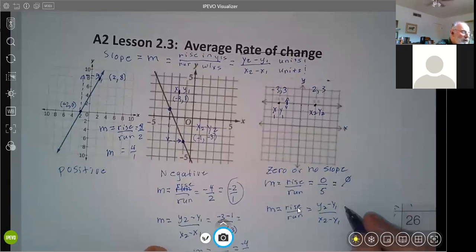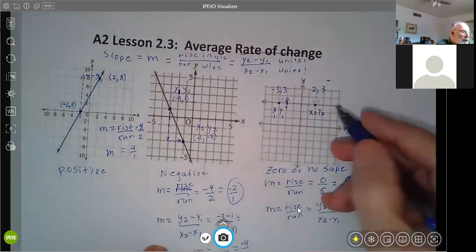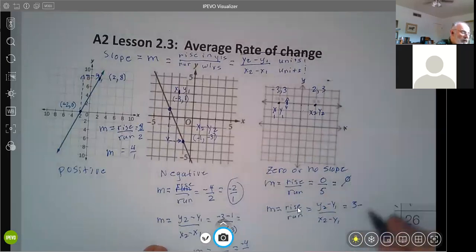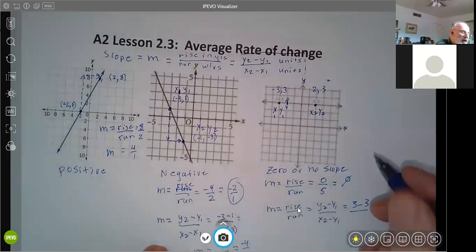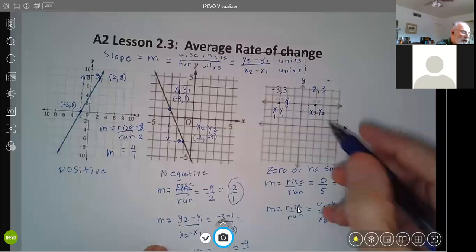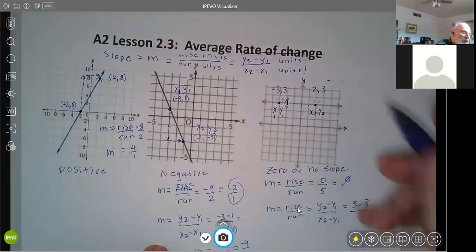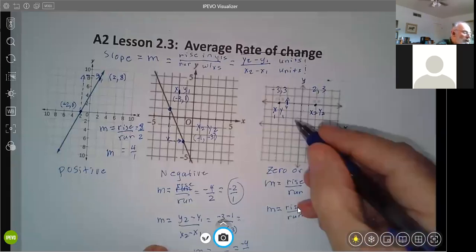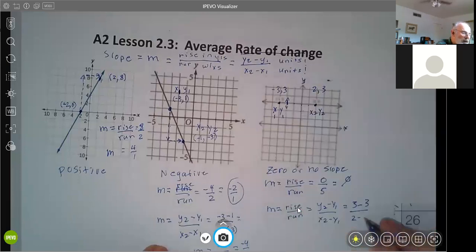So my y2 here is 3, minus my y1 is 3. Remember, we have the negative sign, so that's added to it. And then x2 is 2, minus your x1 is -3. So we got a double negative going.